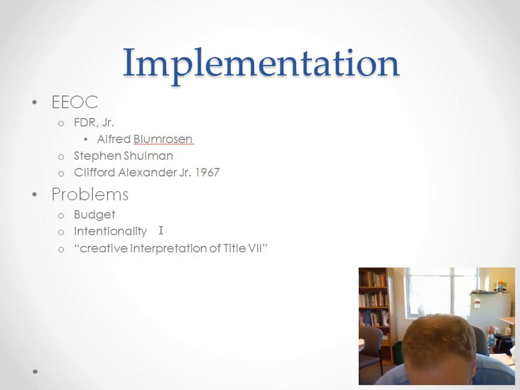Now, the law banned intentional discrimination, but what they also argued was that employer practices which prove to have a demonstrable racial effect are included as part of intentional discrimination.